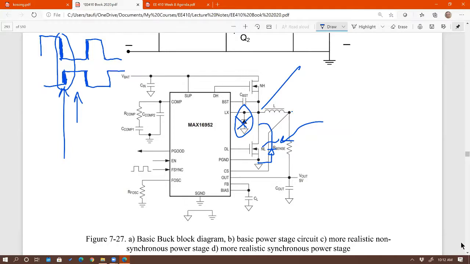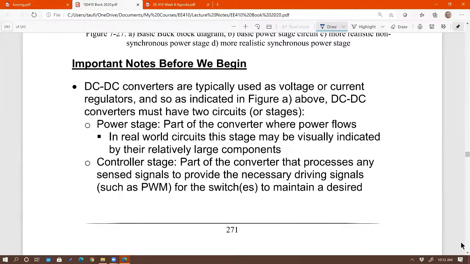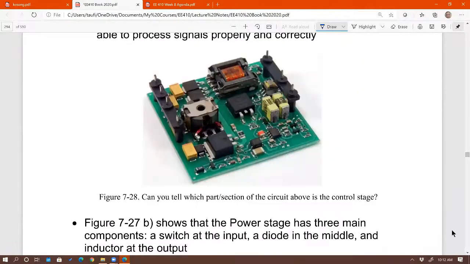Okay. All right. I think I've covered this, and this is another thing that I mentioned in the lab as well: the difference between power stage and controller stage. I would like to emphasize that as well, because this is important when you lay out the circuit, because designing the circuit is only the first part of the design phase, right?